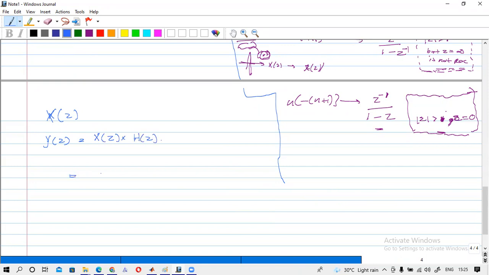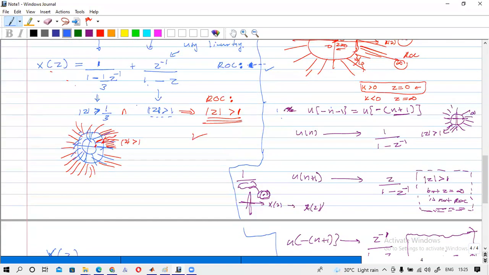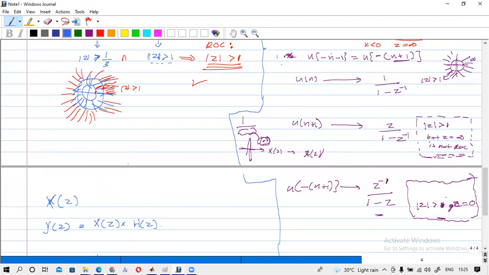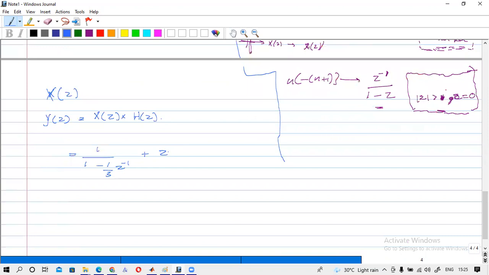This will be my X(z), I will write it again here: 1/(1 - 1/3 z^-1) + 1/(1 - z^-1). Now I have to multiply this by H(z). So what is H(z)?